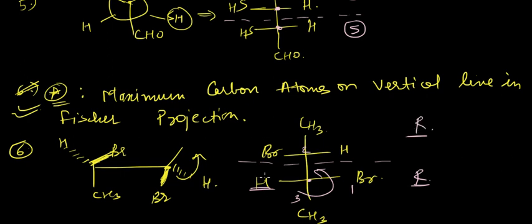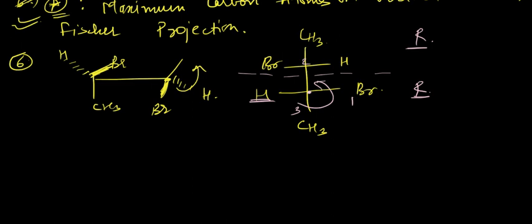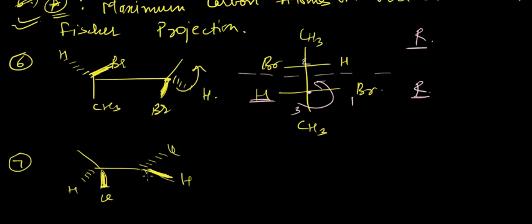Okay, so now let us look at the last example. Here we have something like this. H is here, and we have this. So you know the trick.